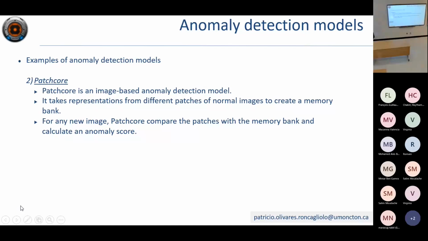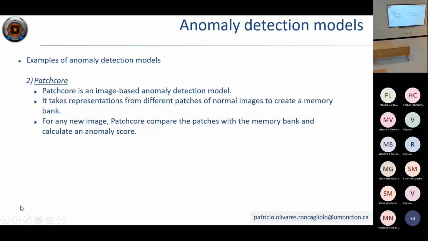How does this work? PatchCore is, of course, an image-based anomaly detection method because it uses patches of the images. The idea is to take representations from different patches of your normal, original images to create what is called a memory bank.